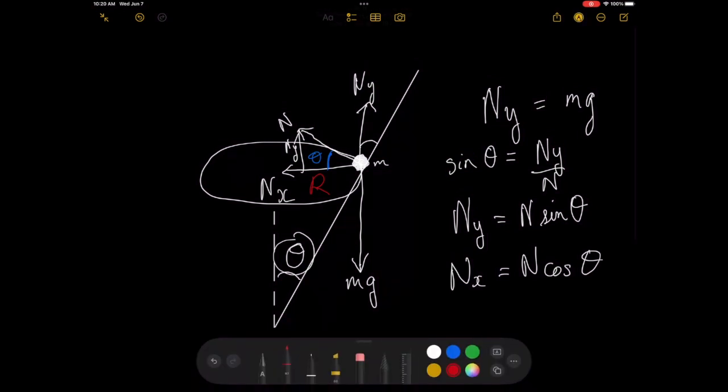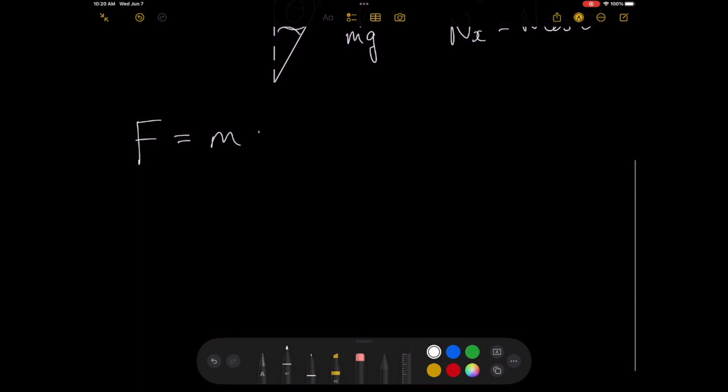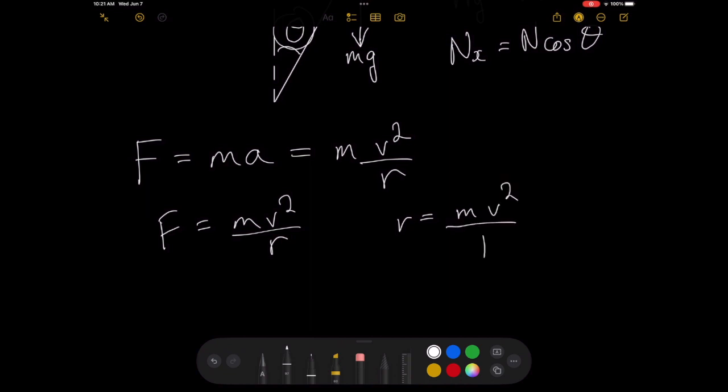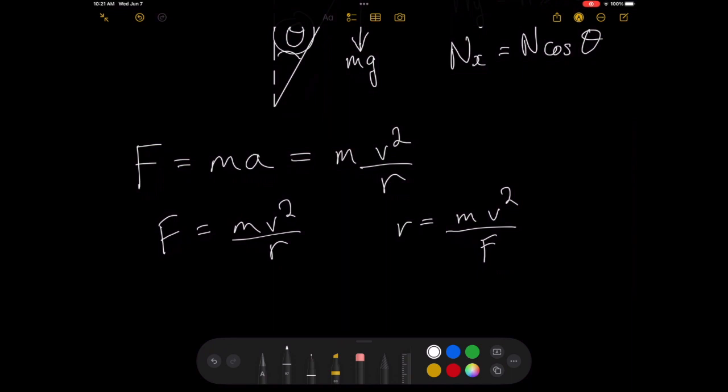As we know, F equals ma. But for centripetal acceleration, the force is equal to the mass times v squared over r. And if F equals mv squared over r, then r equals mv squared over F. And the force should be the force pointing towards the center.